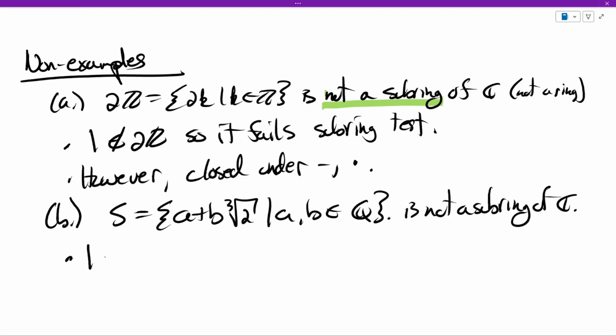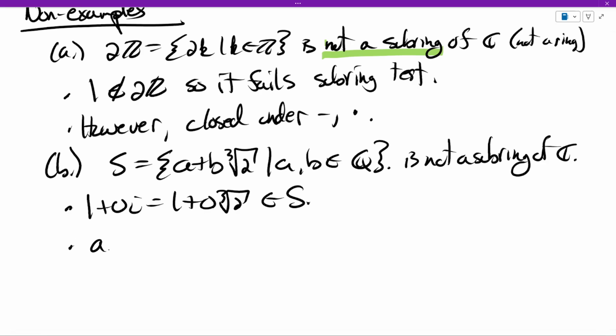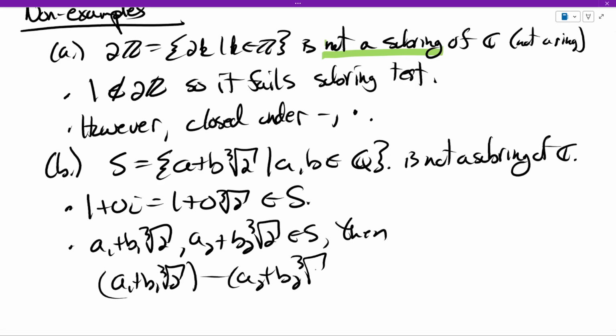So 1 plus 0 times cube root 2 is the same as 1 plus no cube root 2's. They're both 1, so 1 actually is in S. If we take two elements of S and look at their difference, let me say these are in S, then the difference between these is just, again, subtract like terms.